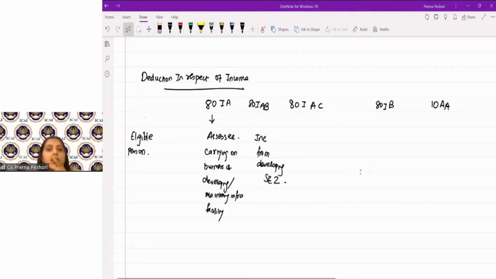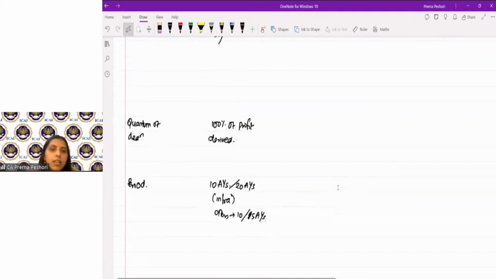Again, here the assessee has an option to choose 10 AYs from the 15 AYs. 10 out of 15 AYs, the deduction is available. And what is the quantum of the deduction? Again, it is available 100%. Are we clear?